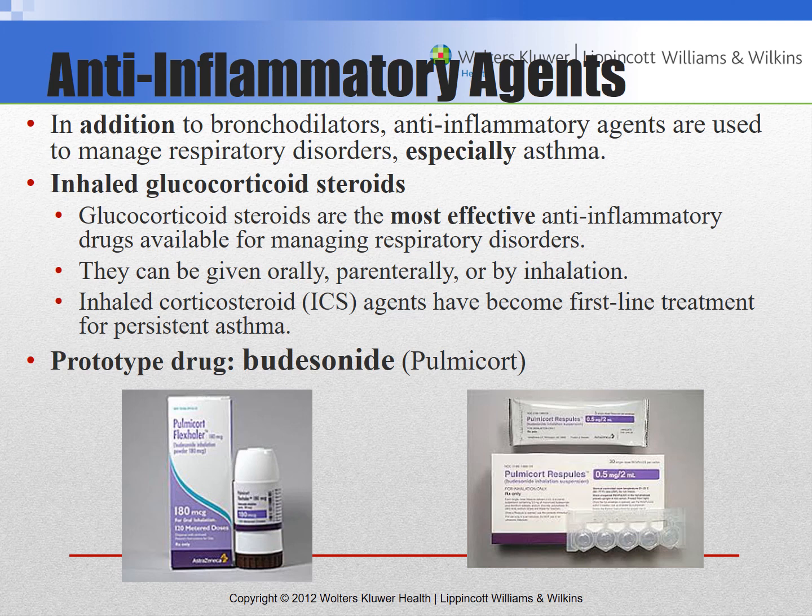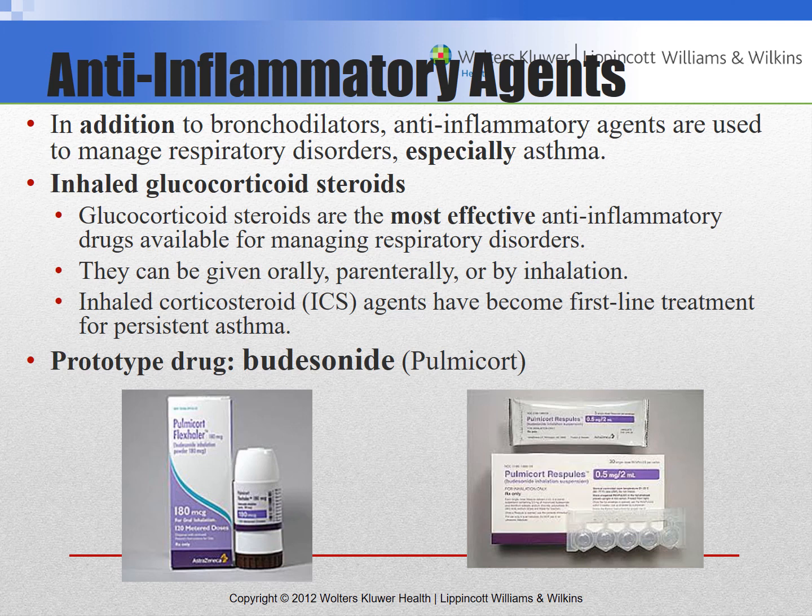So scientists and doctors started studying it and said, hey, if we could just put the steroids at the source of the problem, we could cut down on the systemic effects and we could still get the anti-inflammatory effect of the steroids. So that's exactly what they did with these inhalers.